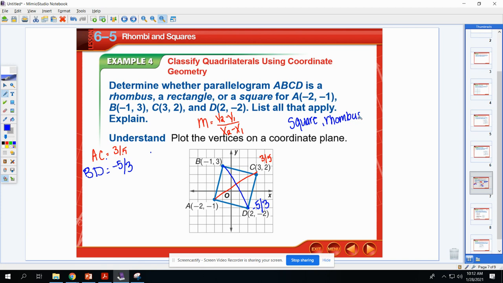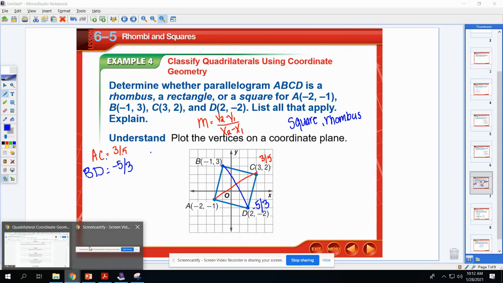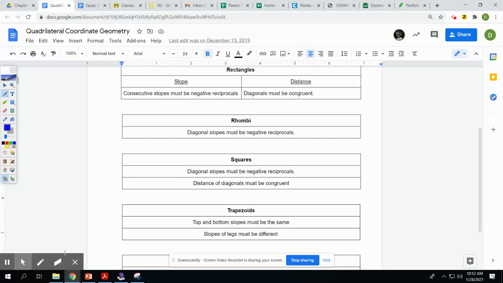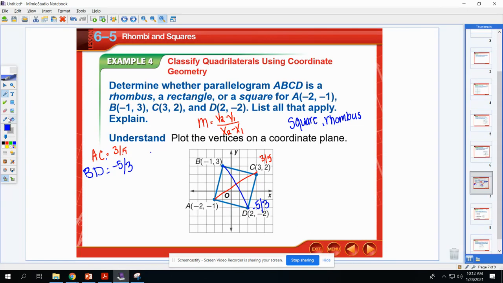Right now we know this could be a square or a rhombus because the diagonals are negative reciprocals. Now let's go back to our chart here. We know that it's a rhombus because that's the only thing we need in order for this to be a rhombus. We need those diagonal slopes to be negative reciprocals. This could also be a square if the distance of the diagonals are congruent.